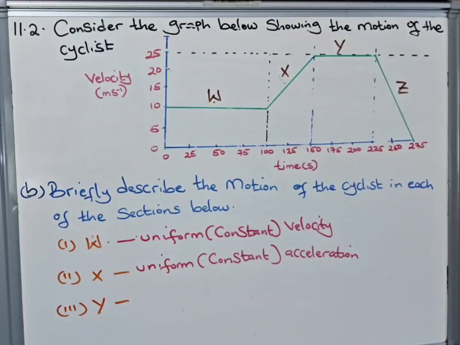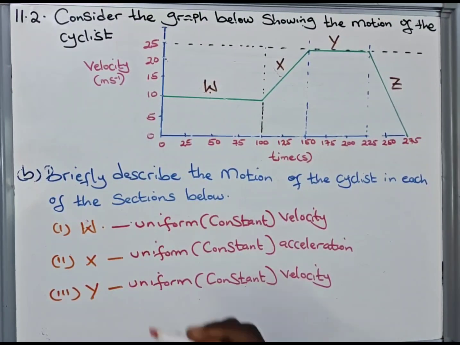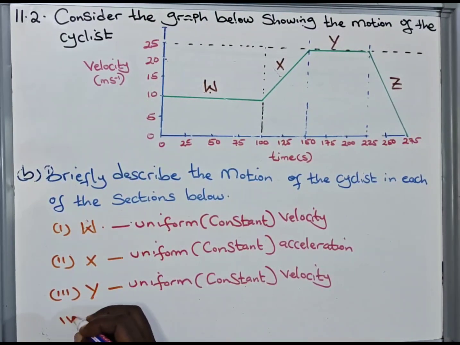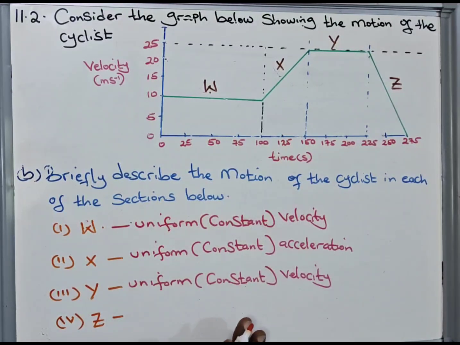It is uniform or constant velocity. And then we come to section Z. What is happening at section Z? It is uniform negative acceleration, which we call deceleration.